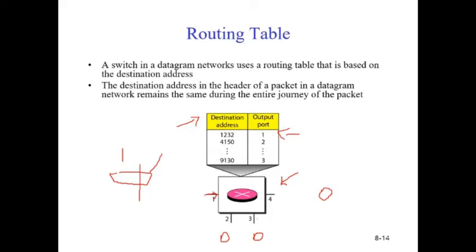This address, unlike the address in virtual circuit networks, which we'll discuss later, remains the same during the entire journey of the packet. In virtual circuits, the address changes, but in datagram networks, when a packet arrives at the switch, its destination address remains the same. If you remember, we discussed that part in chapter number 2, where assignment number 1 was given to understand the change of addresses, where we talked about routing addresses and MAC addresses.